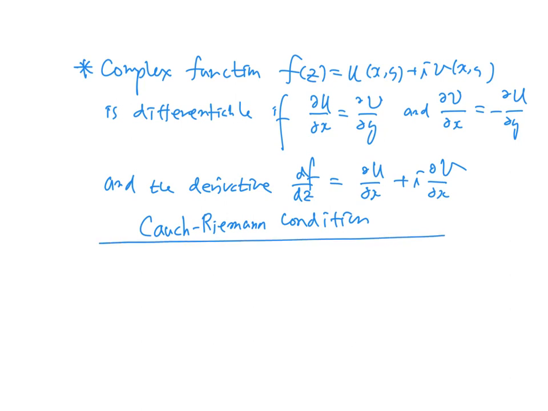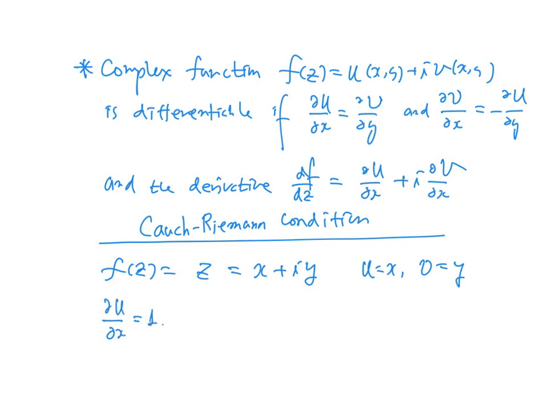So let's start with a simple case. Check: f(z) is z, which is x plus iy. So u is x, v is y. So partial u over partial x is 1, right? Partial v over partial y is 1. So partial u over partial x is partial v over partial y. Partial v over partial x is 0.